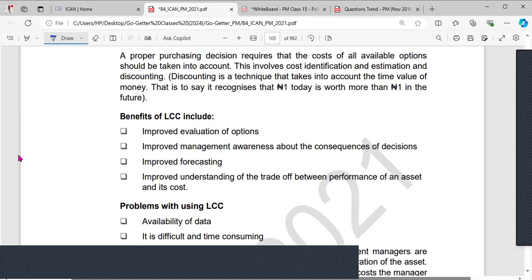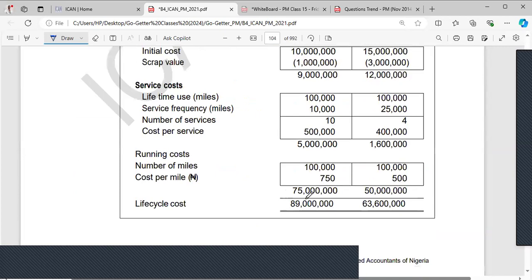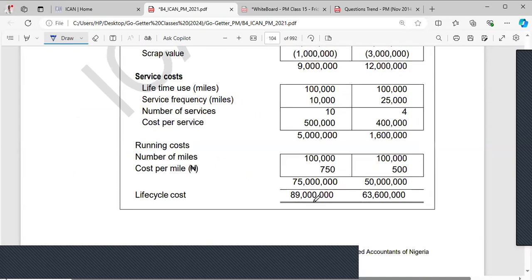So you find out that, let's say Lorry A and Lorry B that we used in the example here, assume it was machine A and machine B, and we look at the cost versus the productivity. So it means that, assuming that this 89,000 cost here is producing more output than this 63, we find out that the cost will be shared and the cost per output will be lower than the cost per output here.